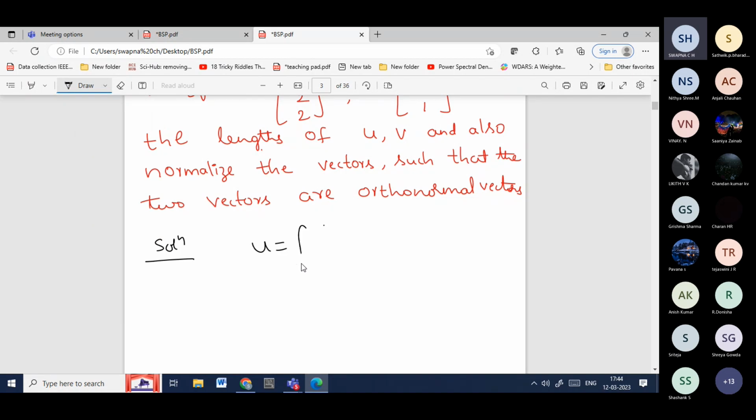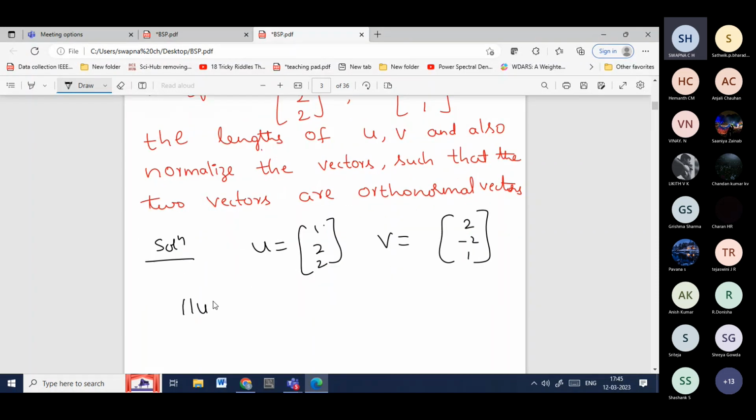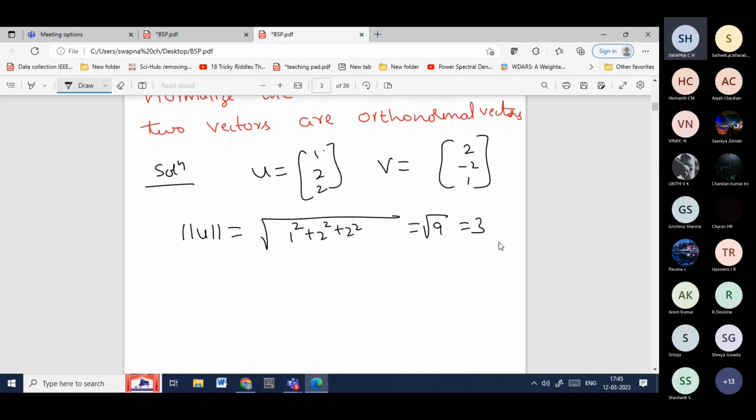So u is equal to (1, 2, 2). v is equal to (2, -2, 1). First we'll find the length. The length of u is the square root of 1 squared plus 2 squared plus 2 squared, which is the square root of 9, nothing but 3. So it is not a unit vector, and you need to normalize it.